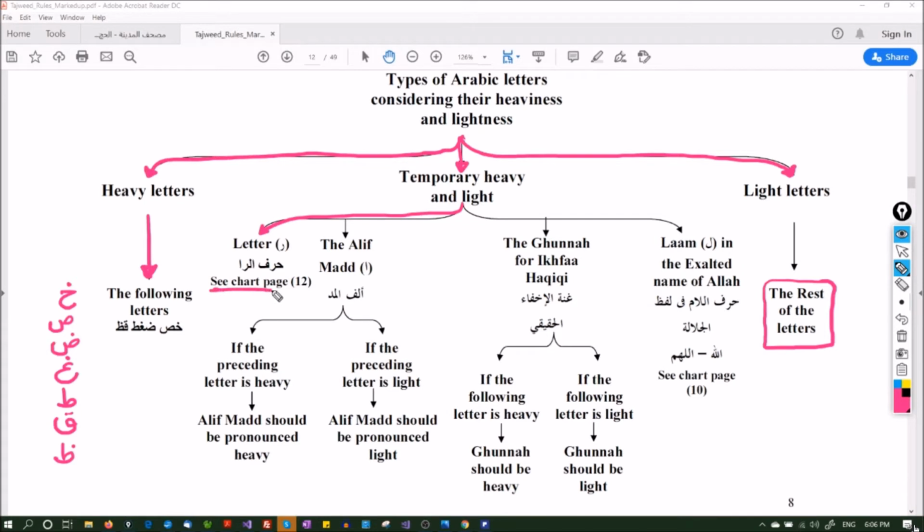It says see chart on page 12. We will do it afterwards. But let us know for now that Ra can be either heavy or light. Now the second sub branch of this is Alif Mad.